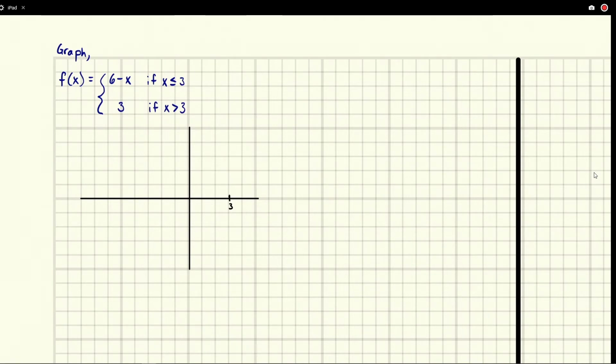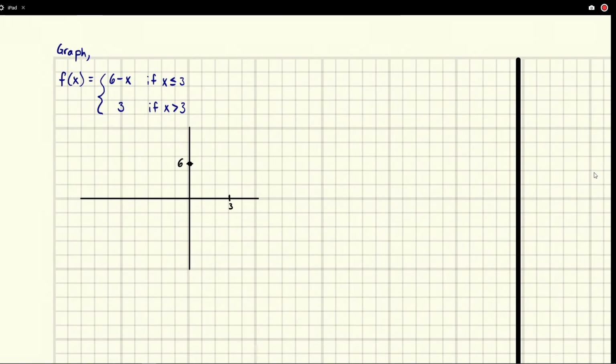So if x is 0, we're just going to be at 6. I'm going to arbitrarily put up here the number 6. And in fact, I'm going to bring that down just so it's a little easier. So I'm going to define 6 to be right there. And we've got a point on this line because this is less than.